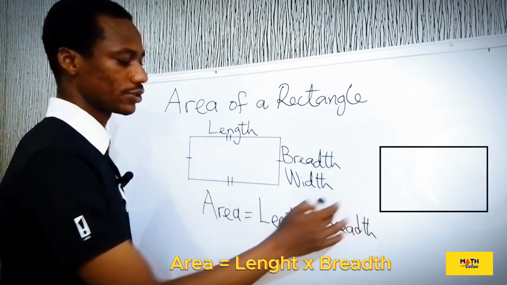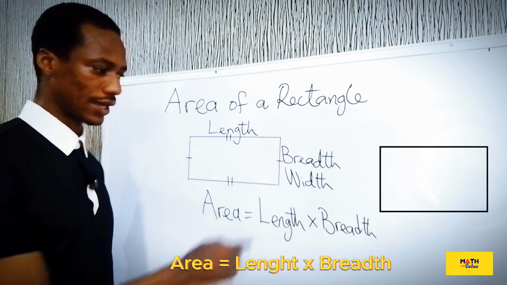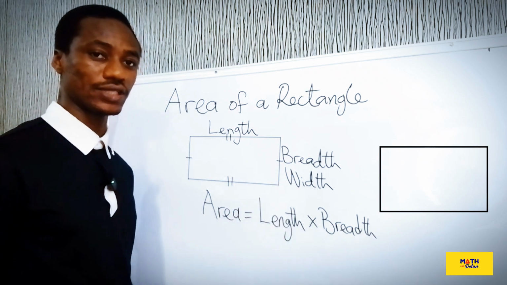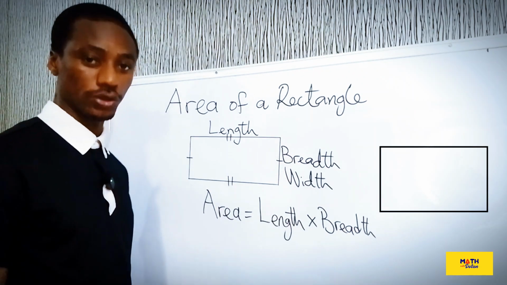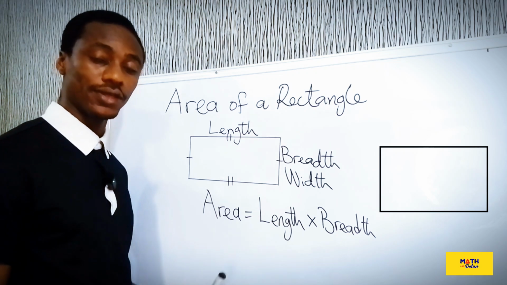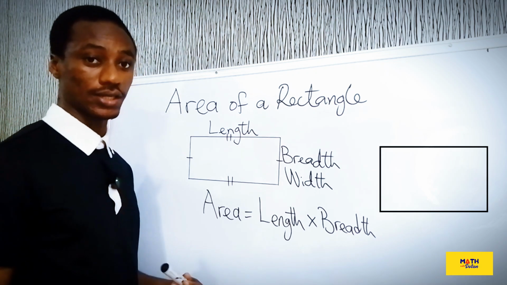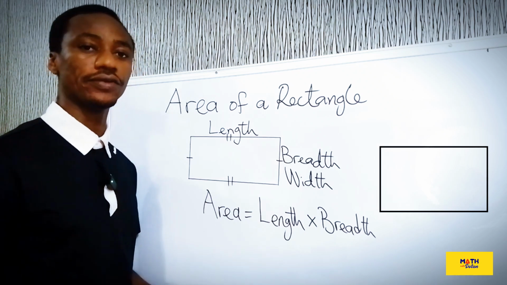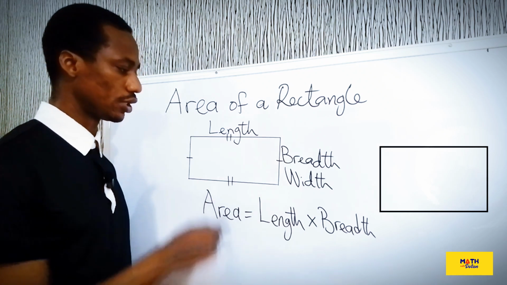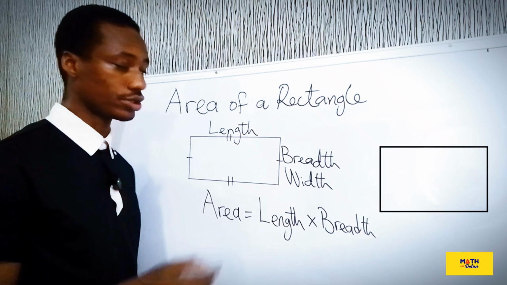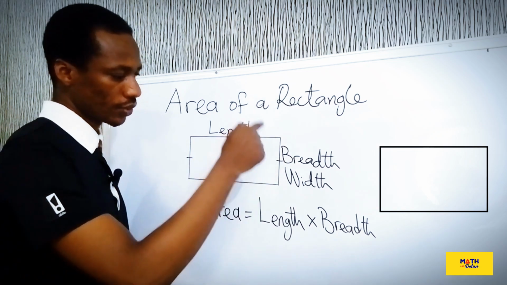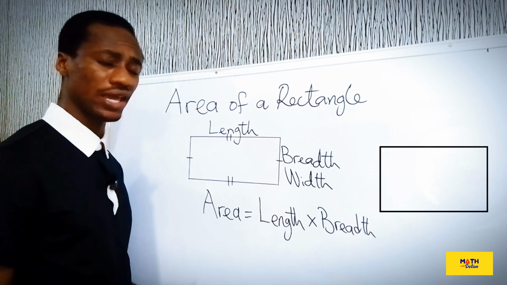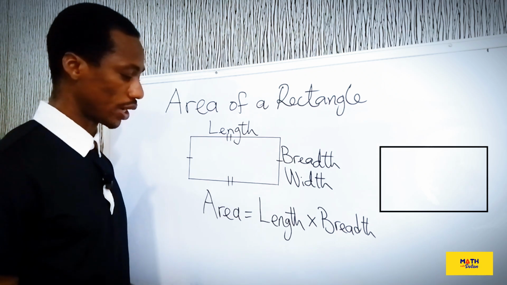Or like I said, breadth is the same thing as width, so you could also have it as length times width. So you multiply that and then you have the area of the rectangle. The dimension of the longest side times the value of the shortest side will give you the area of the rectangle.